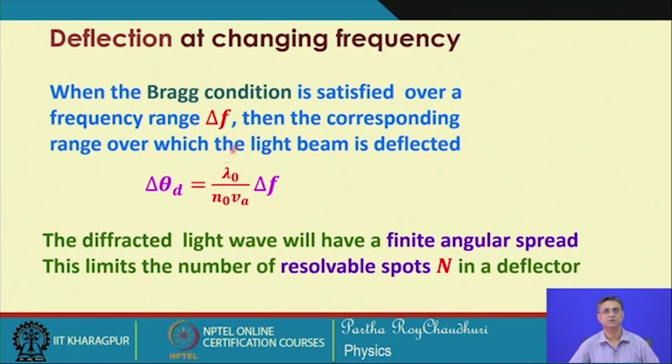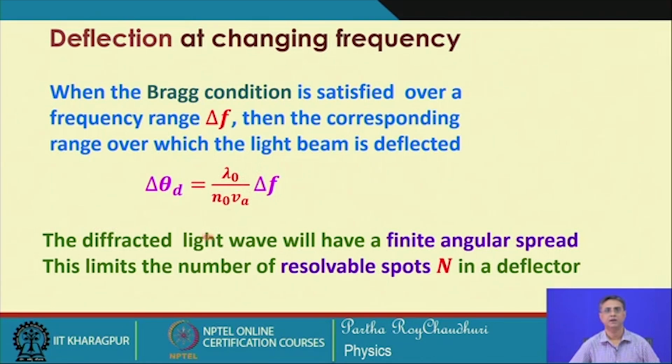So, this tells you that when the Bragg condition is satisfied over a range of frequencies, that is delta f of the acoustic wave, then the corresponding range over which the light beam is deflected is given by this. So, delta theta, the deflected beam angle range, will be proportional to delta f.